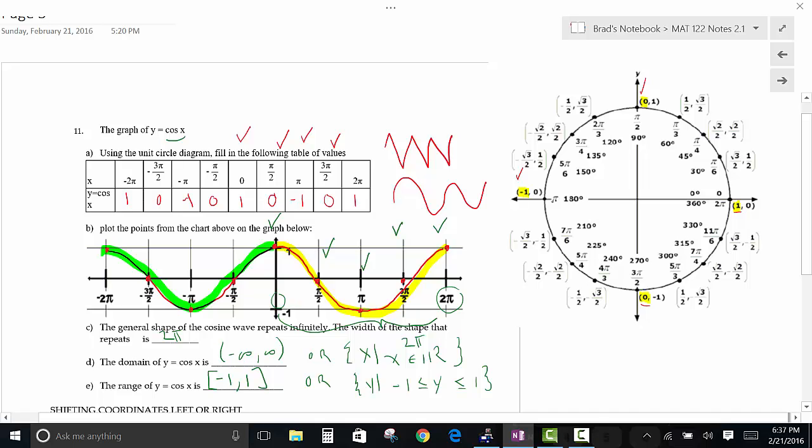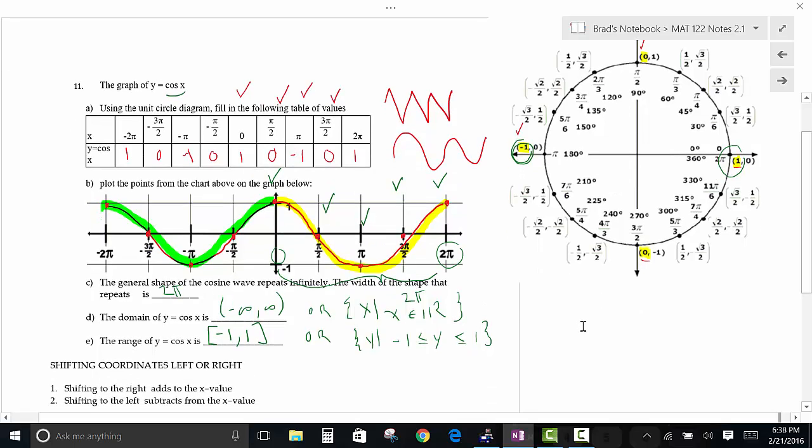If you look at this, this is the lowest point, which is -1, and the highest value is 1. So the range, the y values, goes from -1 to 1. Okay, so that's what the graph of a cosine looks like.